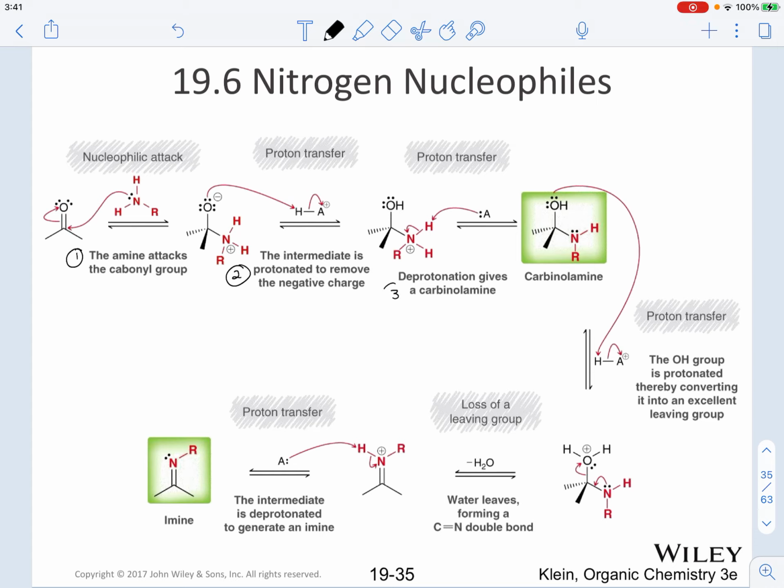Then in the third step of the reaction, we're going to have a deprotonation of the nitrogen that was incorporated in that first step, and that's going to give rise to an intermediate that is called a carbinolamine. Now, once we have that carbinolamine, because remember, overall, we are trying to remove the oxygen that was first part of the carbonyl, we are going to protonate that oxygen.